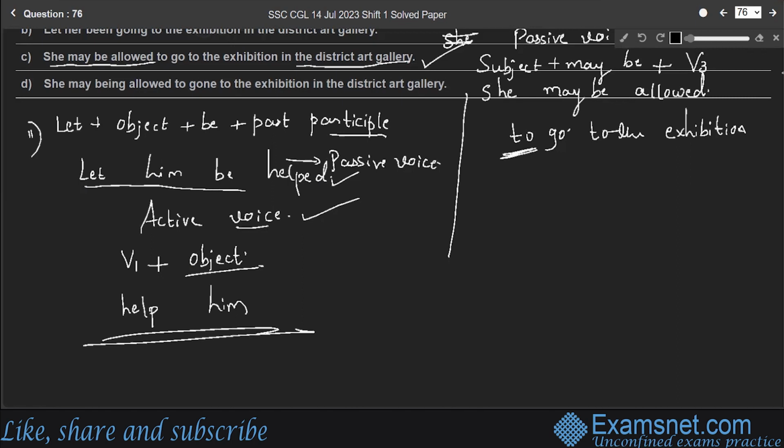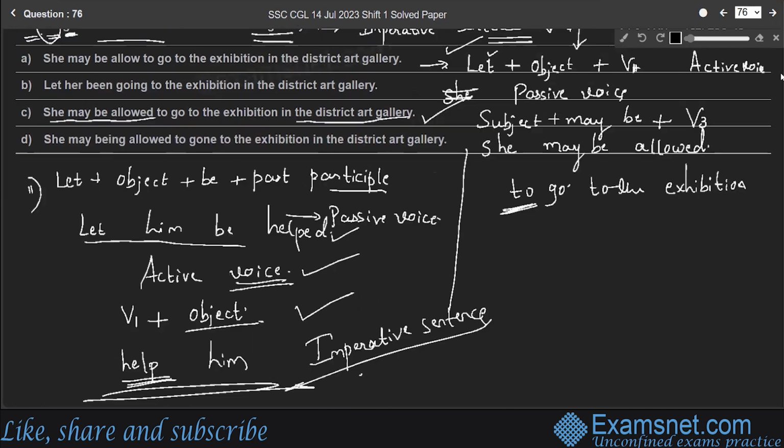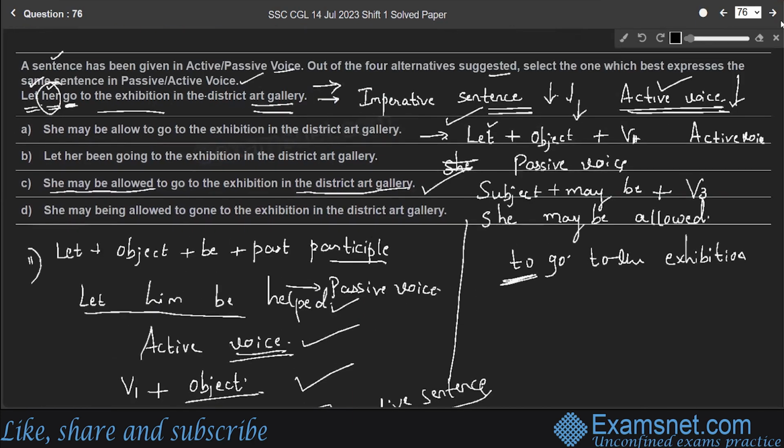Since it is the active voice format, it doesn't have any subject. Help is not the subject here. Therefore, it is an imperative sentence. This is how you have to verify. Here the step is, first we need to decide whether the given sentence is imperative or not. If it is an imperative sentence, decide whether it is active voice or passive voice.